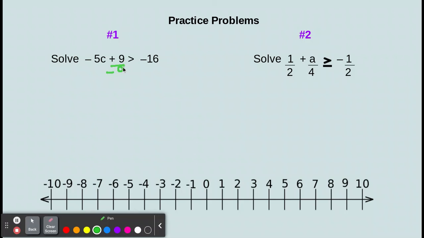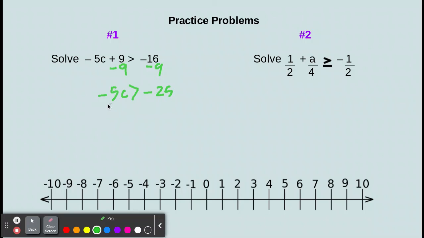So let's subtract 9 from this side and let's subtract 9 from this side. That looks funny though, right? Looks like I'm dividing. So let's do this. Minus 9, minus 9. So then 9 minus 9 is 0. So we're left with negative 5c is greater than negative 16 minus 9 is a negative 25, right?